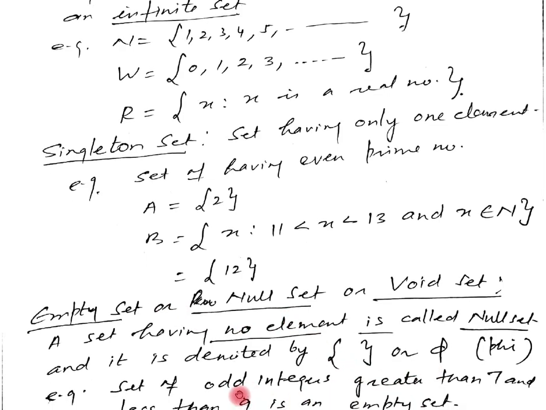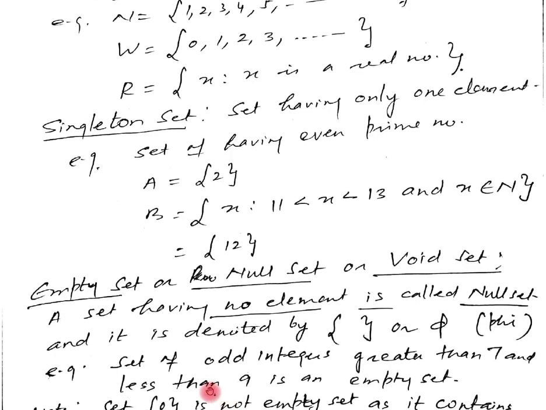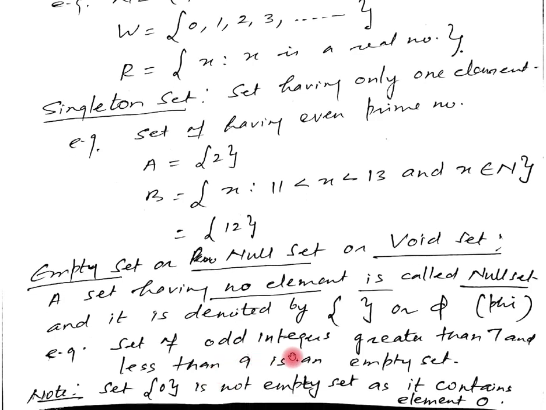Now let us see an example. The set of odd integers greater than 7 and less than 9. Between 7 and 9 we have one integer, that is 8, and 8 is not an odd integer, 8 is even.